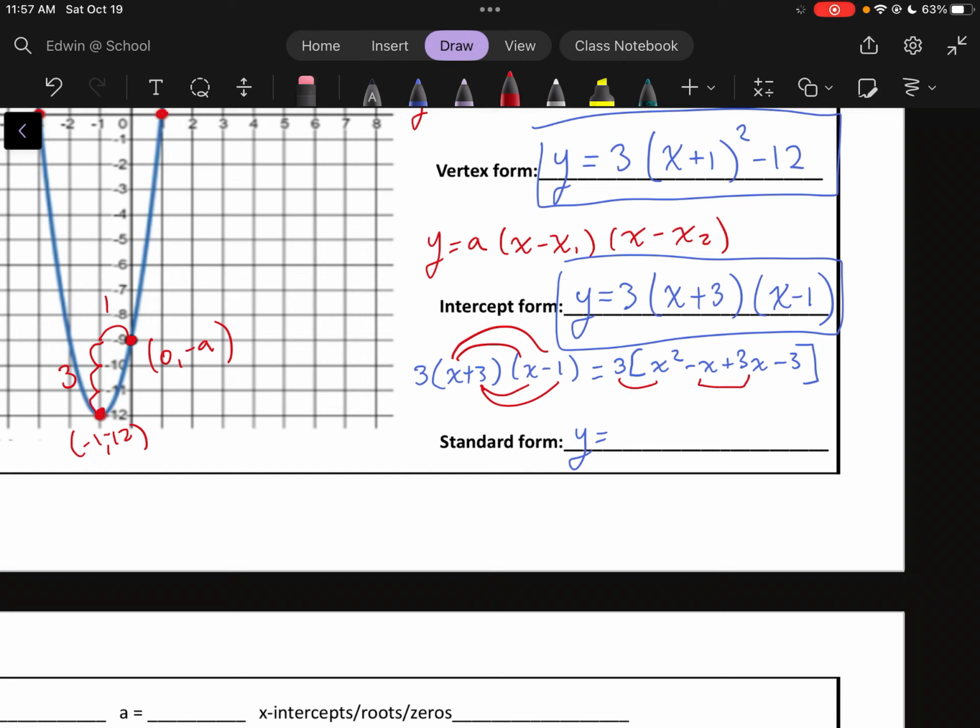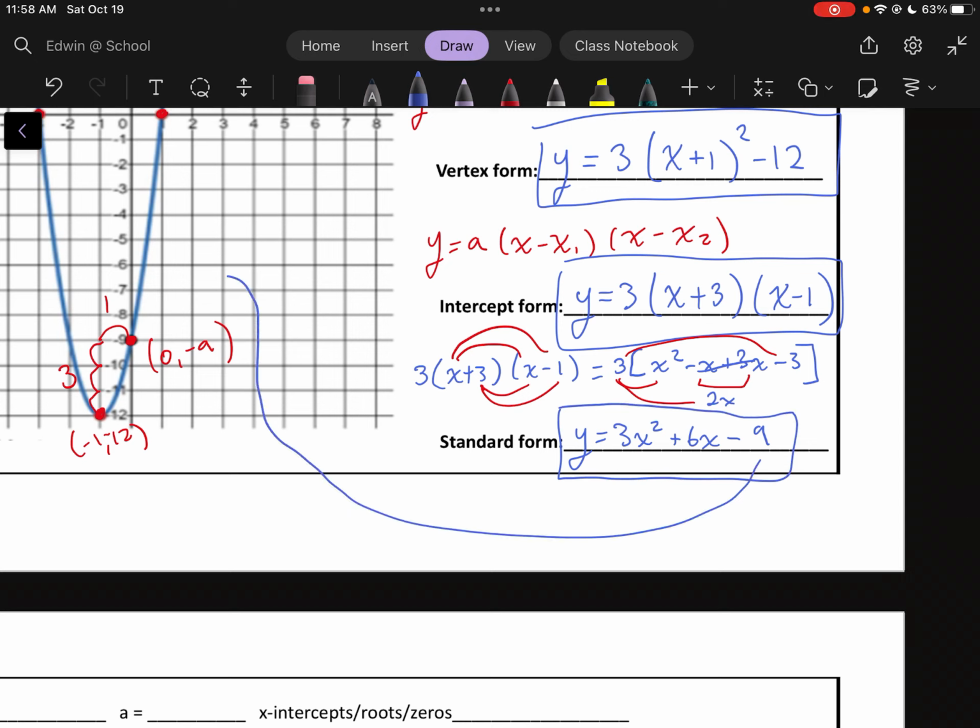Negative x plus 3x is going to be 2x. Here we distribute this 3 to each one of these terms, giving us y equals 3x squared plus 6x, because 3 times 2x is 6x. Finally, 3 times a negative 9, that's what we get. And let's just check that that negative 9 is equal to our y-intercept. And yes, it is.